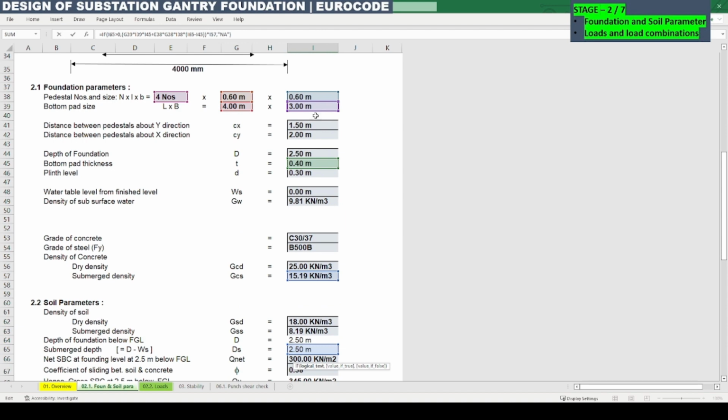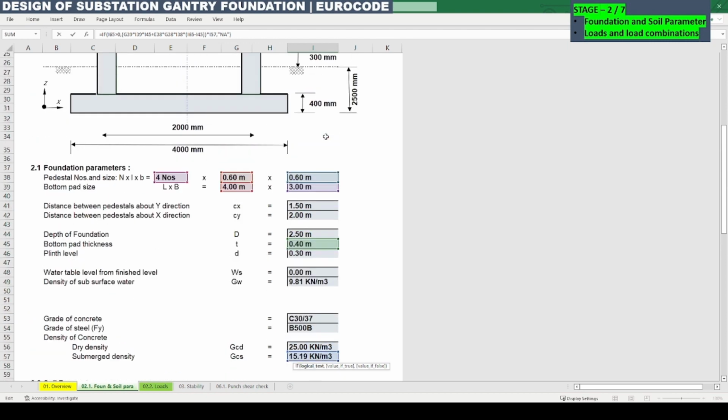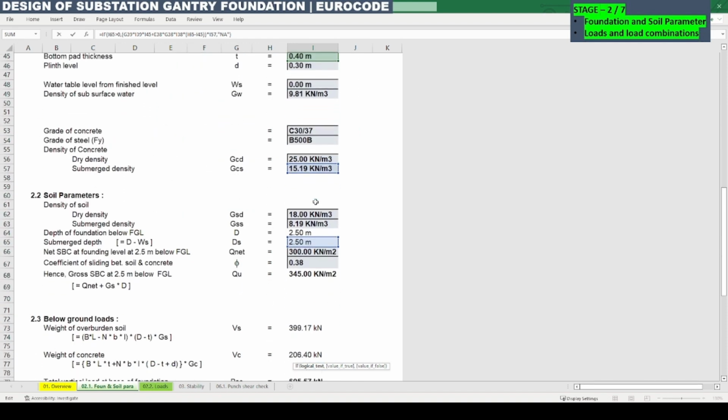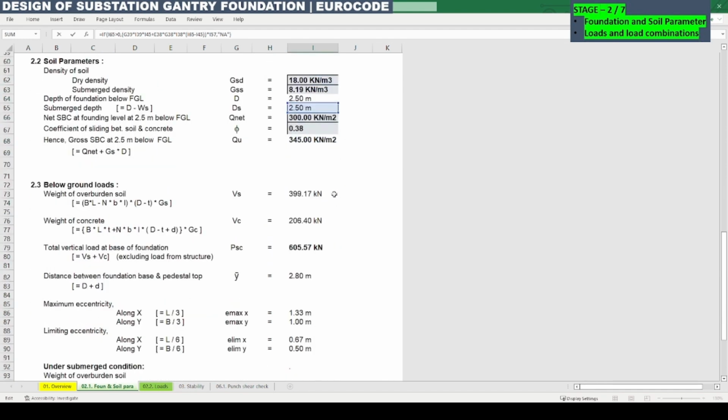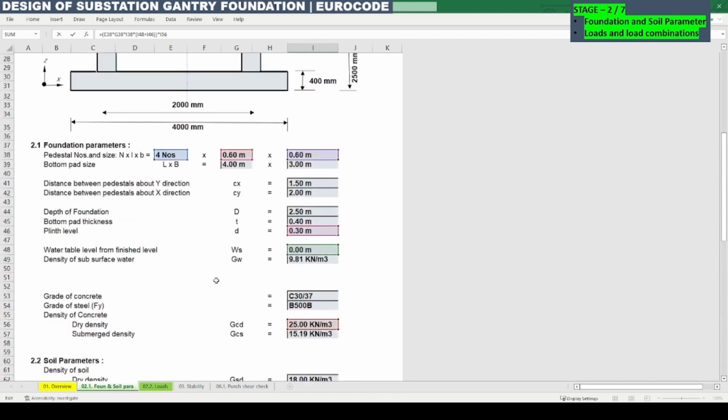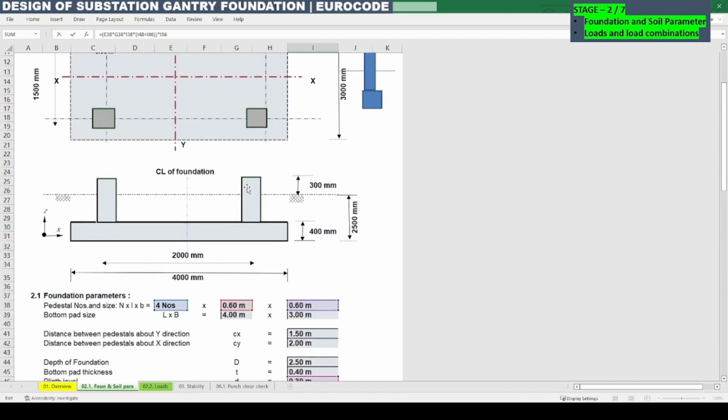That is 4 into 3 into 0.4 plus 4 numbers of 0.6 into 0.6 into, instead of the whole height, 2.1, into the submerged density 15.19, so that we get 118.85 kilonewton.